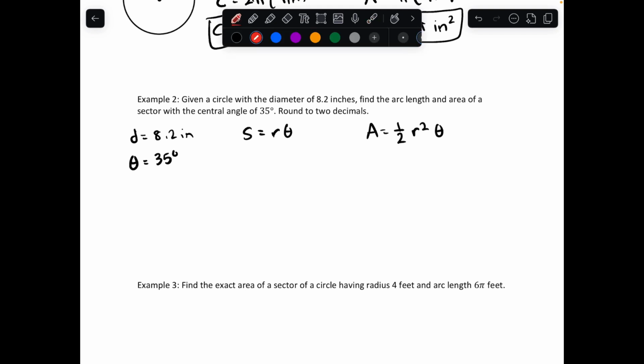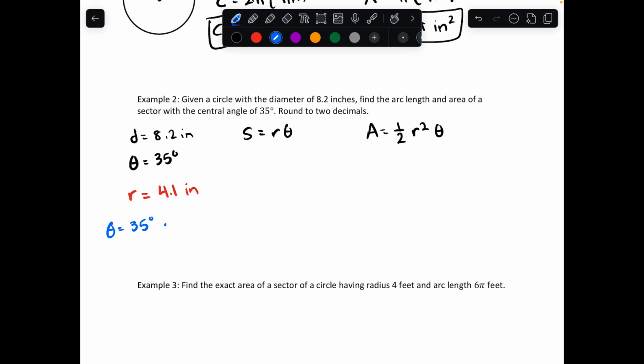So let's go ahead and deal with those two things, and then we can actually start plugging things into our formulas. So starting out with our diameter, we know that our radius is going to be half of that. So 8.2 divided by 2 is going to be 4.1. So immediately we get our radius as 4.1 inches. And now we're going to convert our theta from degrees to radians. So we know that theta equals 35 degrees. How do I convert it to radians?